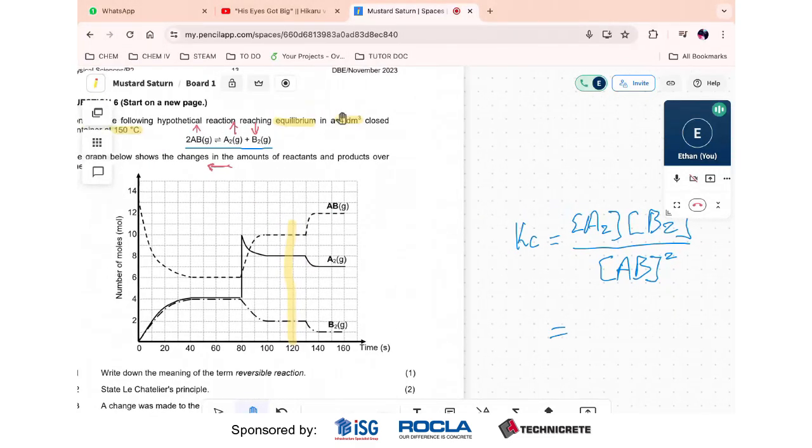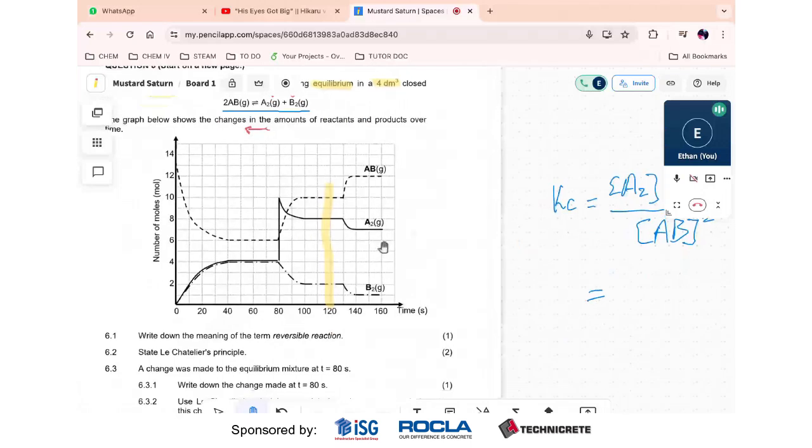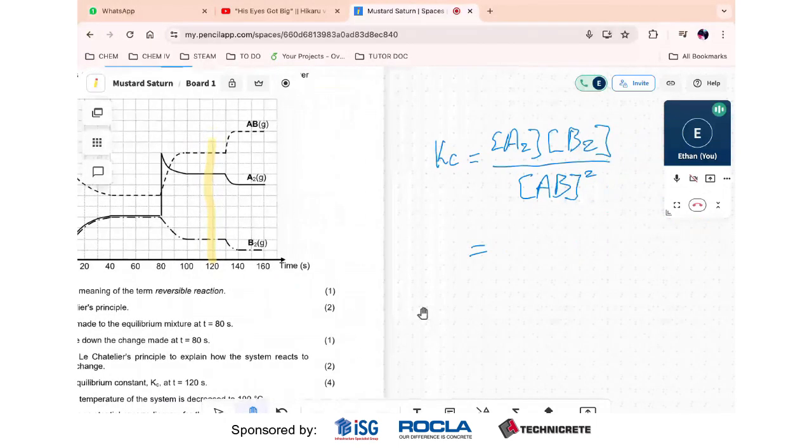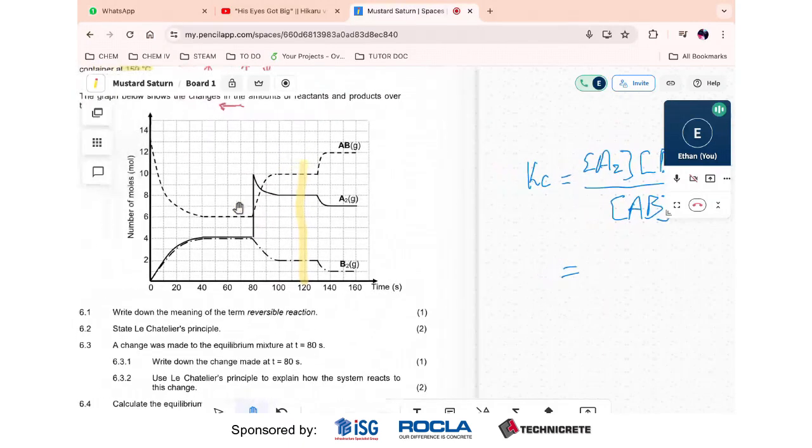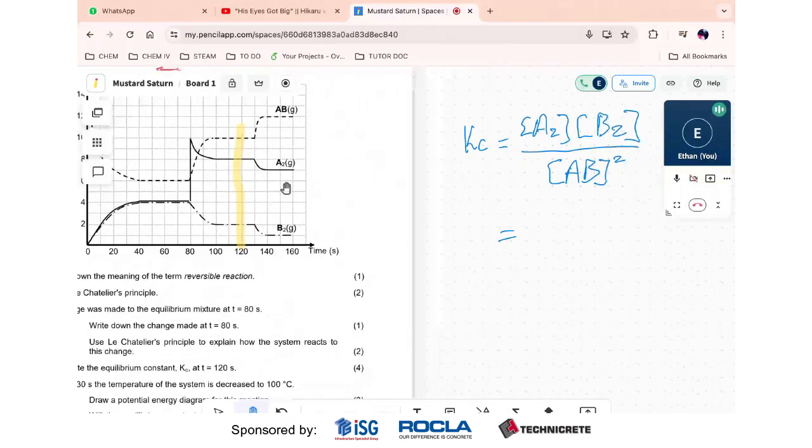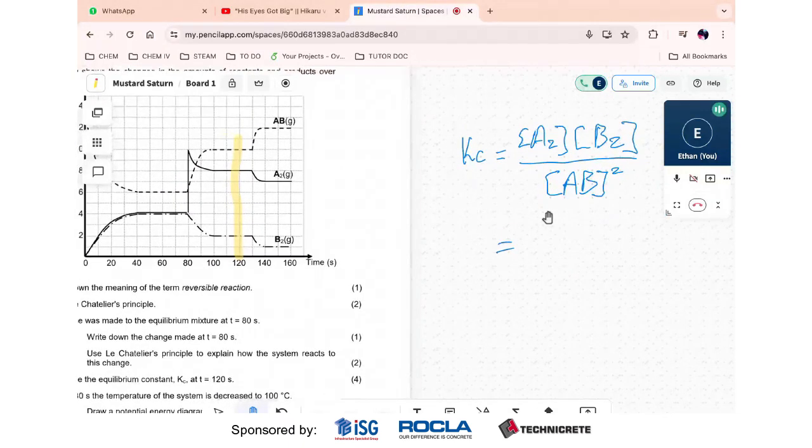So we know that our container is 4 dm3, and we know just how many moles of each there are at time equals 120. So we can calculate the concentration. So for A, this is on 8. So we know that the concentration is 8 moles over 4 dm3.